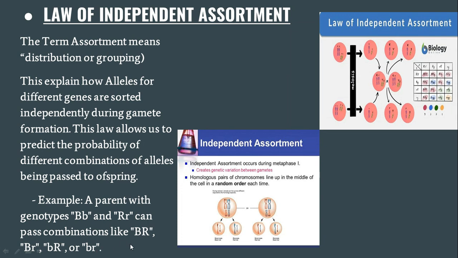So as we can see in this diagram, in the first diagram of the law of independent assortment, though it's not really clear, I would like to go to the Punnett square for better understanding. Here in the diagram we have the genotype RY.